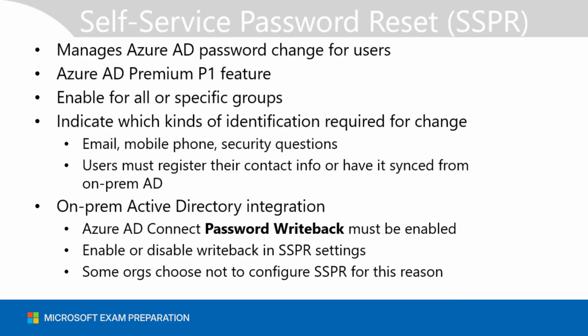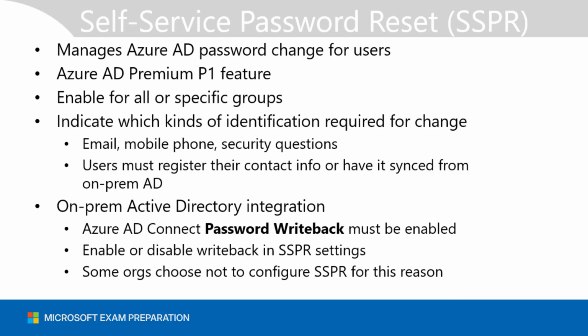Once that is turned on for Azure AD Connect, you can enable or disable it through SSPR settings in the Azure portal. Some organizations choose not to configure self-service password reset for this very reason, because they don't want Azure AD writing back into their on-prem directory. But that's a decision an organization can make.